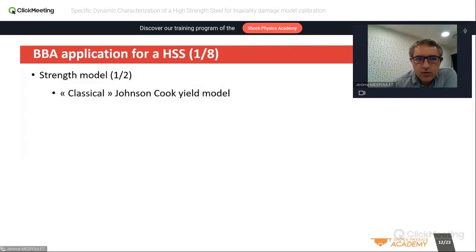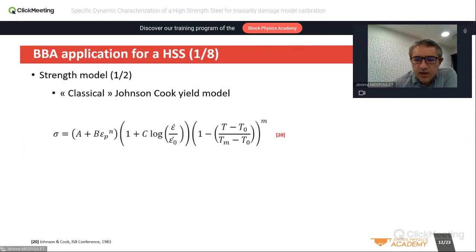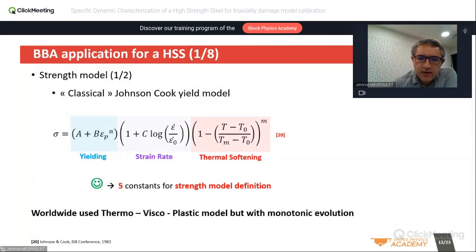And if you look at the classical Johnson-Cook model, so the question is here. And this model, in fact, that defines the deviatory stress, is a multiplicative model. You see there are some parentheses, and there are three parts. The first one defines the yielding, the second one the strain weight effect, and the third one the thermal softening.